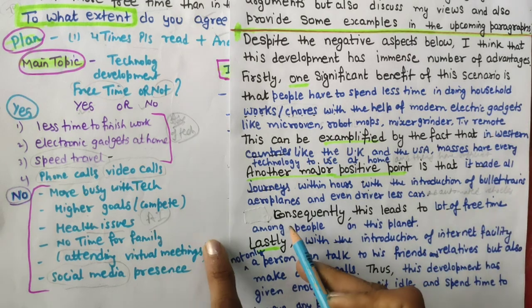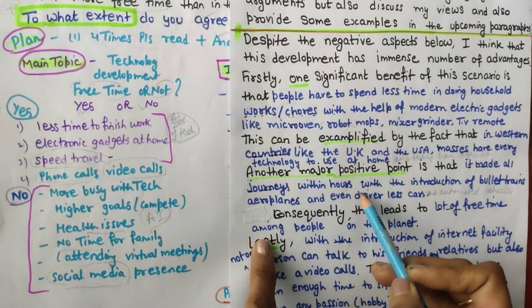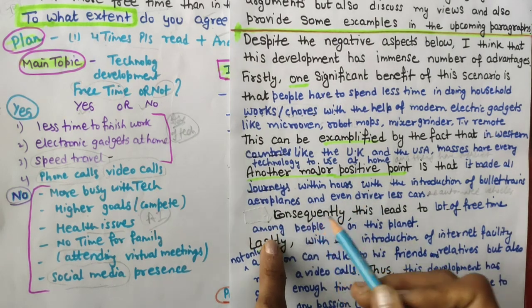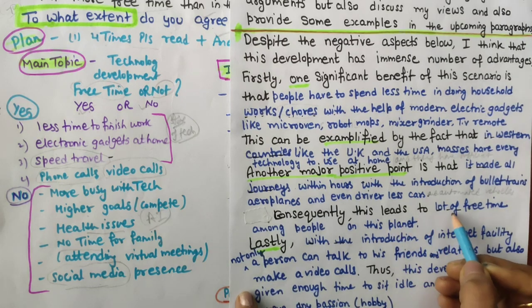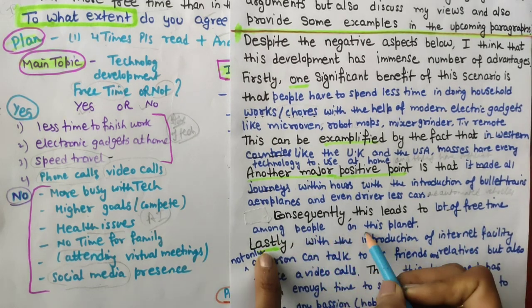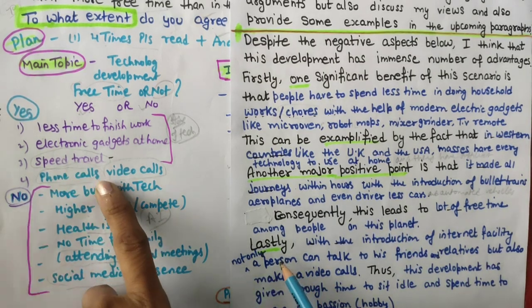Now another line, consequently, means this point and its effect, its impact or its result we have to write. This leads to lot of free time among people on this planet.